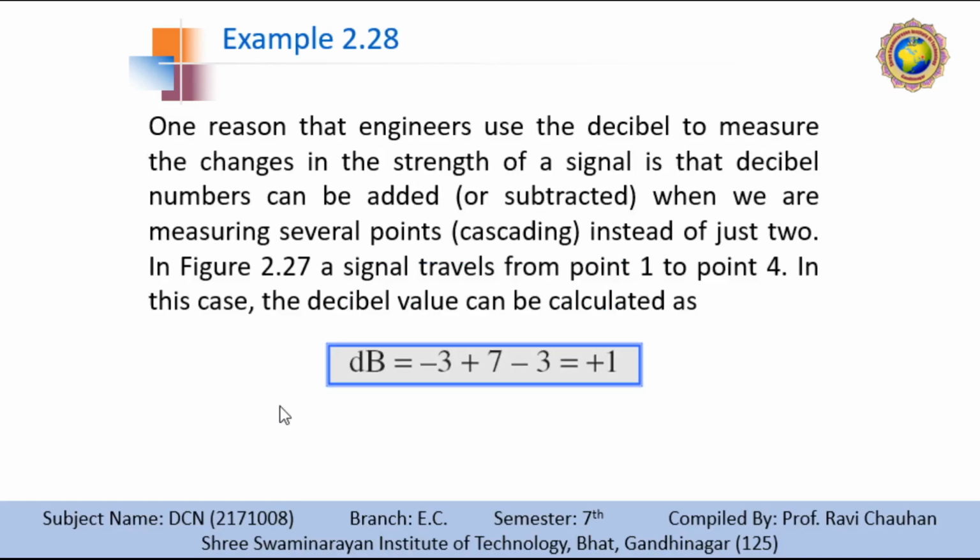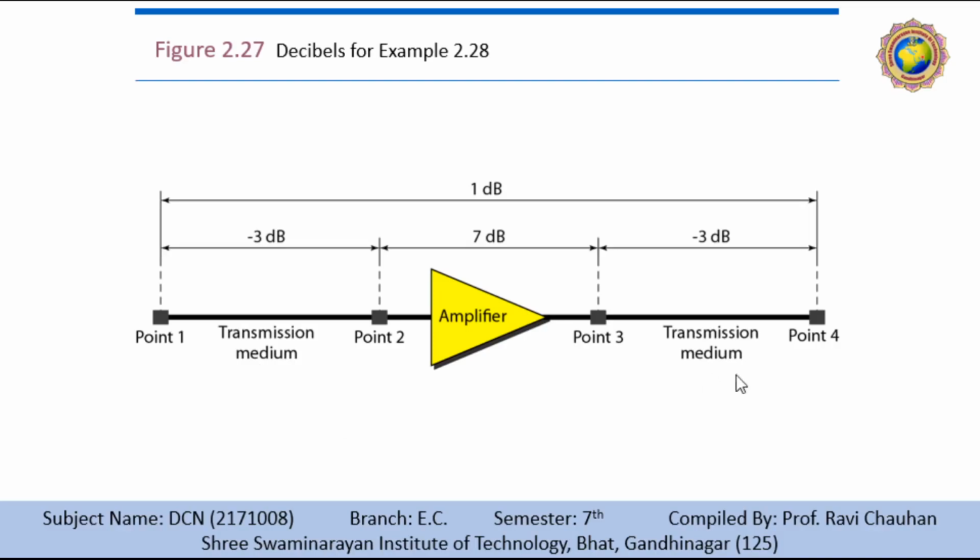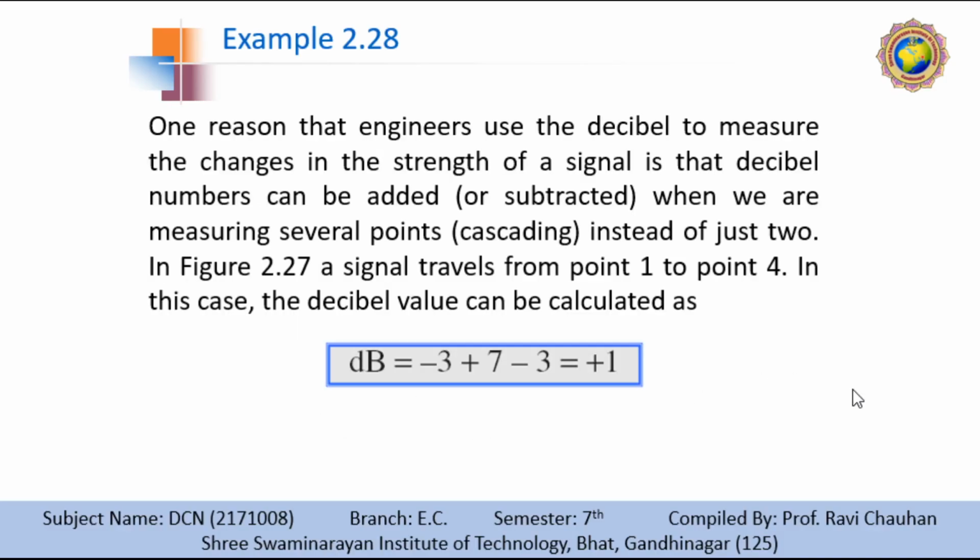One reason that engineers use the decibel to measure changes in the strength of a signal is that decibel numbers can be added or subtracted when we are measuring several points in cascade instead of just two. As we can see in this figure, the signal travels from point 1 to point 4. In this case, the decibel value can be calculated as dB equals minus 3 plus 7 minus 3 plus 1.